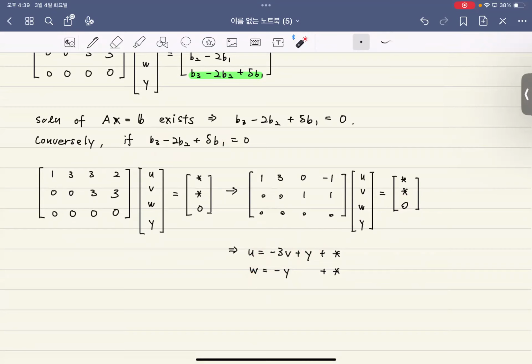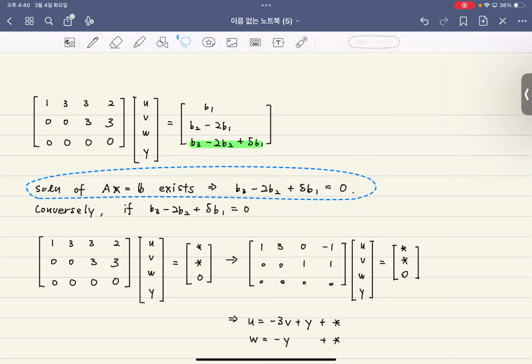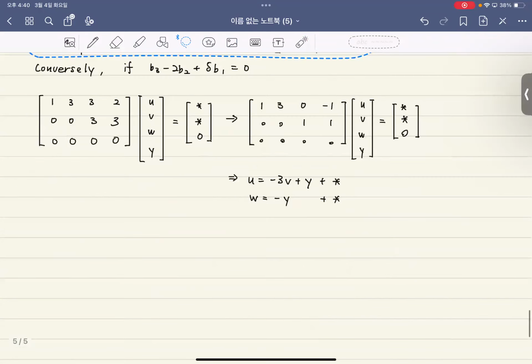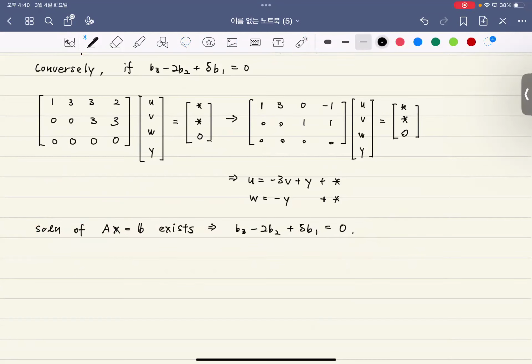Okay. So what kind of lesson can I learn out of this? The solution of this system exists if and only if this guy equals 0, right? So this is a two-sided implication.